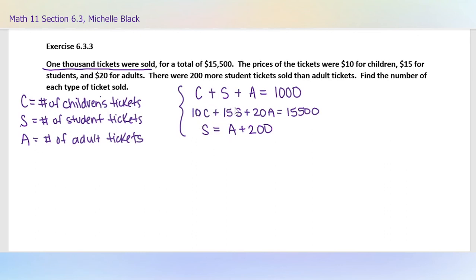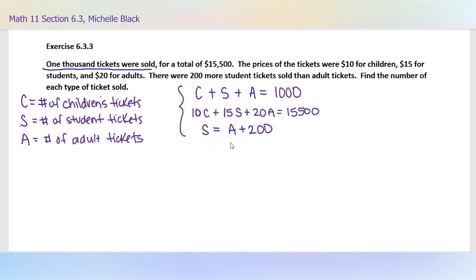And similarly, $15 times the number of students' tickets will tell me how much money was gained from selling students' tickets. And $20 times the number of adult tickets will figure out how much money was earned from selling adult tickets. And then if you add all of those amounts together, that will give you the total amount of money that was collected from selling the tickets.